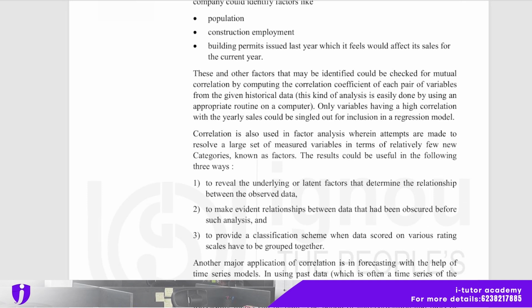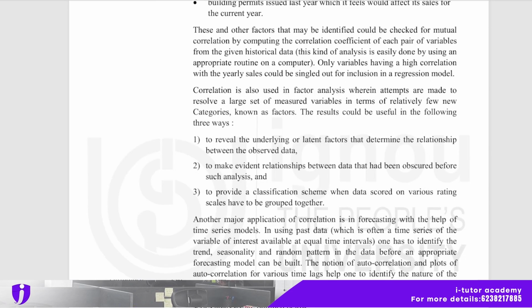And these and other factors that may be identified could be checked for mutual correlation by computing the correlation coefficient of each pair of variables from the given historical data. This kind of analysis is easily done by using an appropriate routine on a computer. Only variables having a high correlation with the yearly sales could be singled out for inclusion in a regression model.